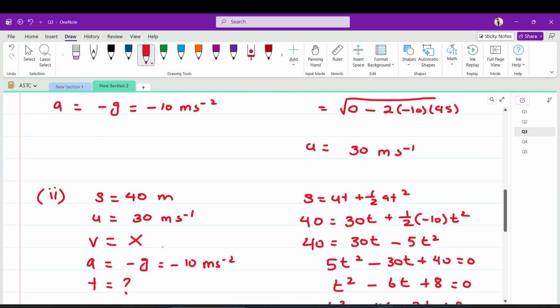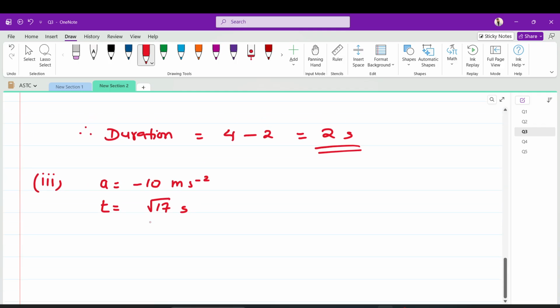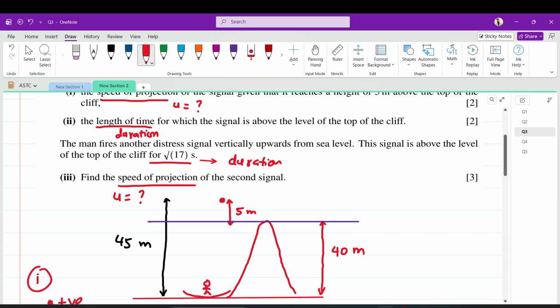All right. So first, let us write down what we know. We know that a is equal to minus 10 meters per second squared. We know that t, which is the duration, would be root 17 seconds. It says that this signal is above the level of the cliff for root 17 seconds.